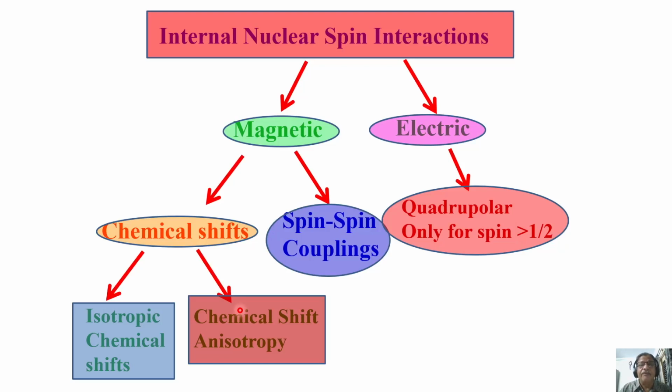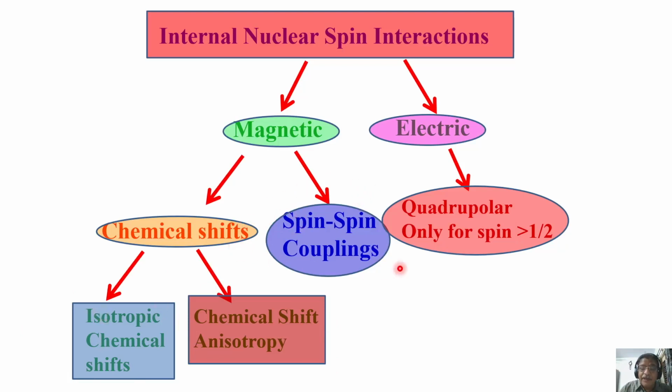And all these parameters are anisotropic in nature. That means the value of the parameter which you measure in different directions will be different. It is not the same in all directions. That's what happens. All parameters in NMR, for example chemical shift, have an isotropic component and an anisotropic component. I'll tell you later why the isotropic component comes.